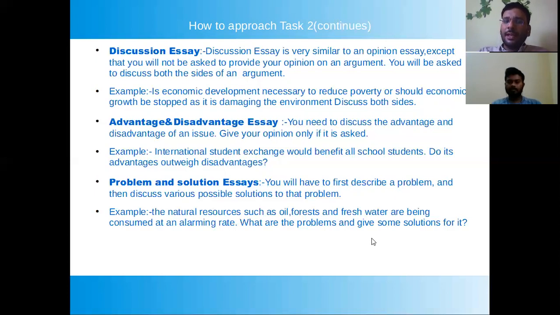So if I were to discuss this topic, I would start by discussing economic development. How would you rate economic development? What are the parameters which are used to check growth in an economy?